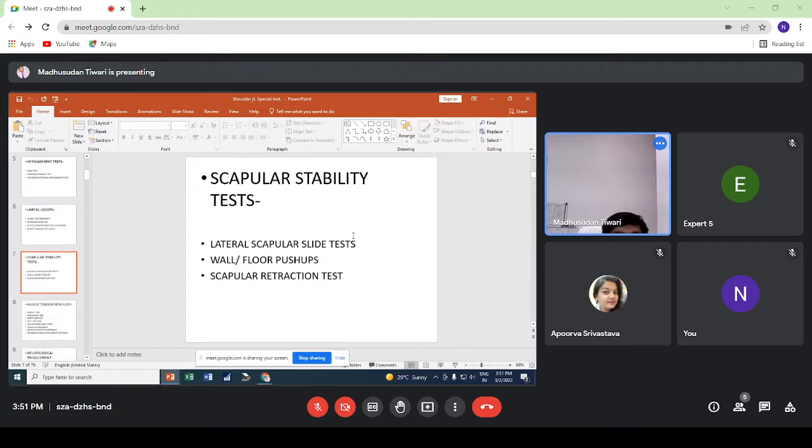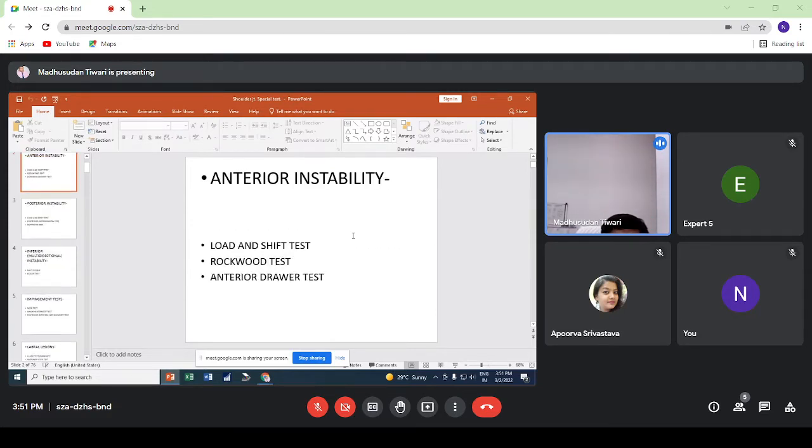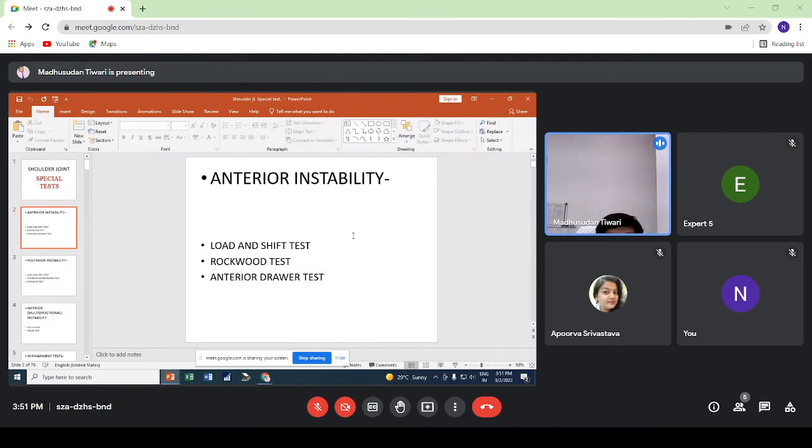Then we'll discuss the shoulder stability tests, the scapular stability tests: lateral scapular slide test, wall or floor push-up test, and scapular retraction test. So these are the tests we'll discuss one by one.